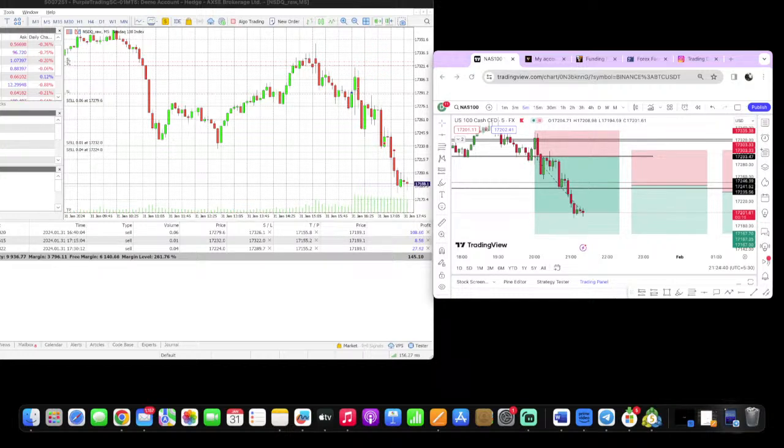So, what do you think? Will it hit the target or will it reverse and get the stop loss out?